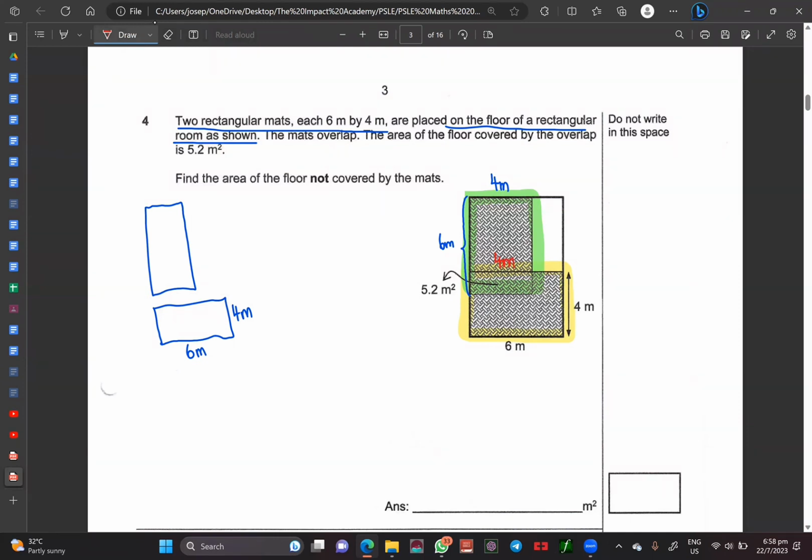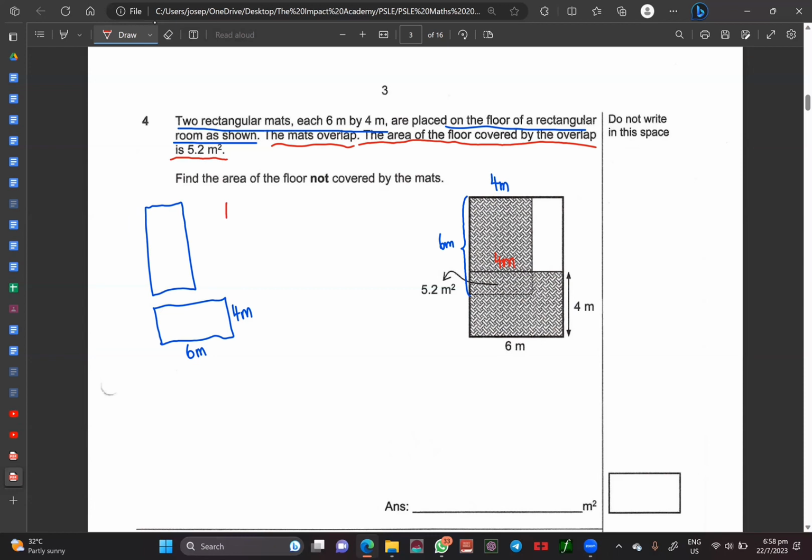Now the question says that the mats overlap. So which is the overlapping part? The overlapping part is this part that I have just highlighted or shaded. So we know that this is 4 meters. Now, they tell us that the area of the floor covered by the overlap is 5.2 meters square. And if that is the area, I can actually find my breadth.